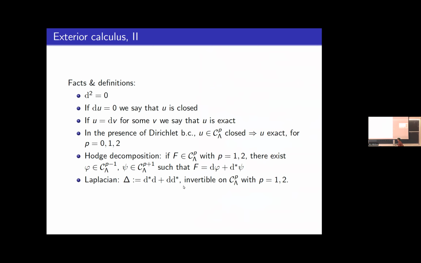So a sigma of this form is exact. If U is exact, thanks to this identity, then it is closed. In general, as usual, it's not guaranteed that if U is closed it is also exact.